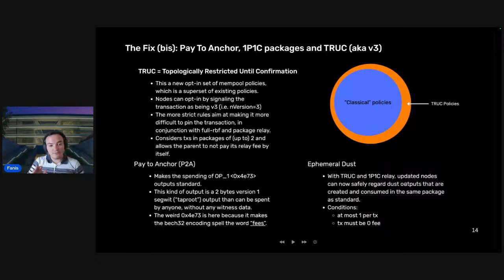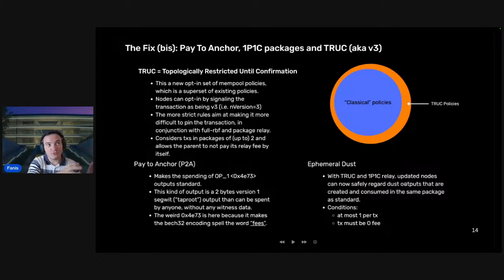But now, if we consider just a package of two transactions and we create an output in the first, the parent transaction, and we immediately destroy this output in the child transaction, then it doesn't matter that this output is dust, because it will not end up in the UTXO set at any moment in time. So that's fine.